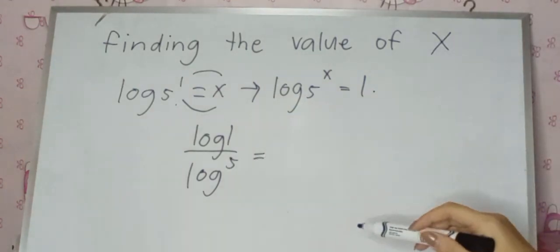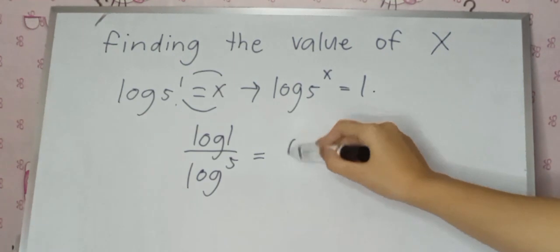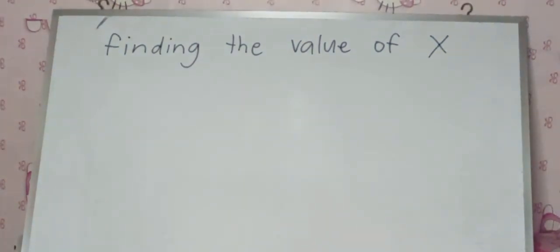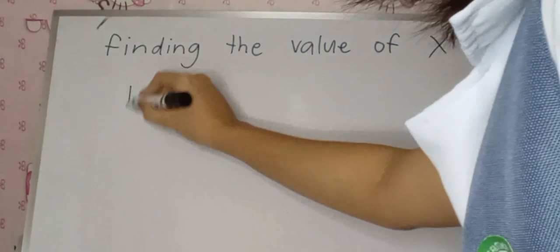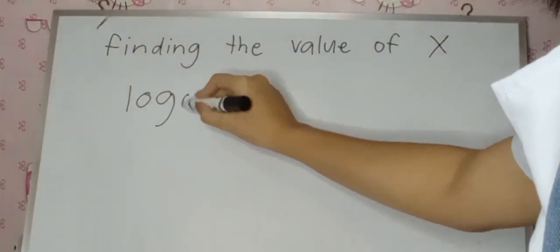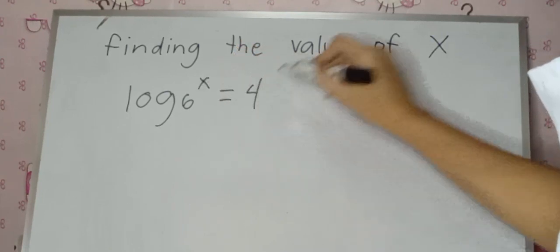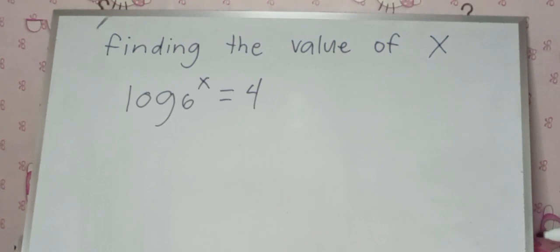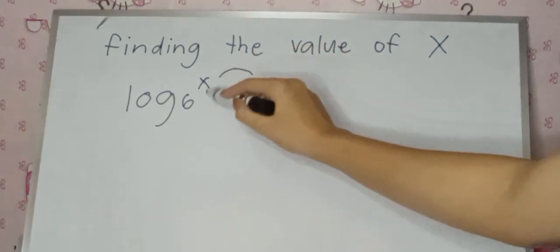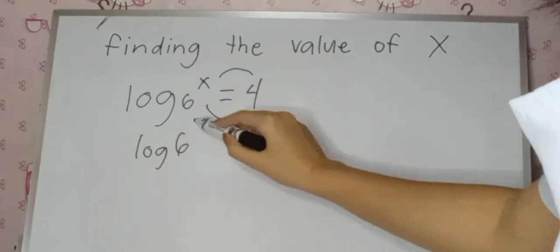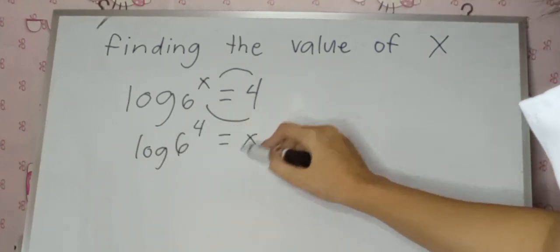And now, the answer is 0. Now, paano naman kung ganito yung equation? Log base 6 tapos x yung nandito is equals to 4. Ang mangyayari dyan, pagbabaliktad niya pa rin ito, 6 raised to 4 is x.